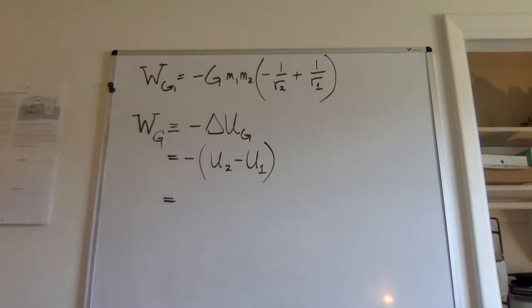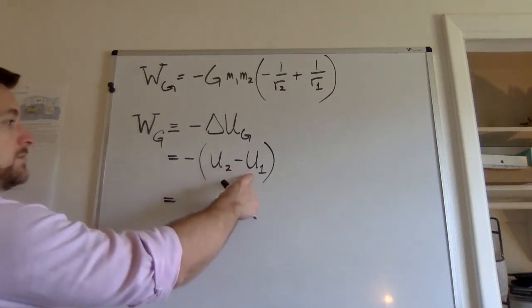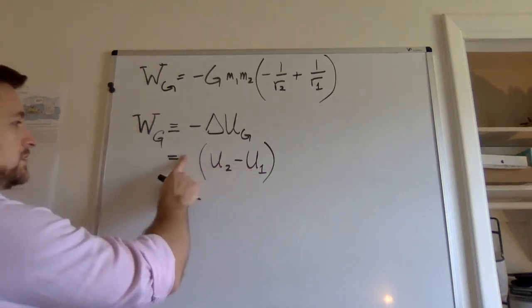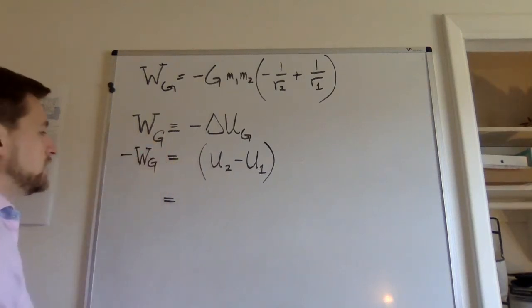So that means that U2 minus U1 is the negative of the work done by gravity.